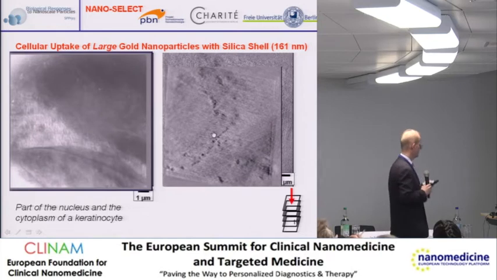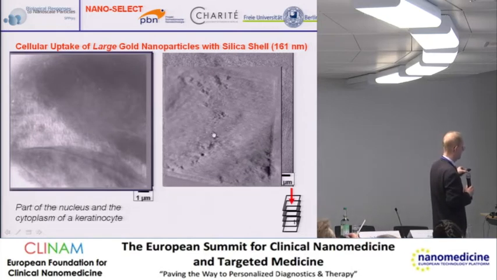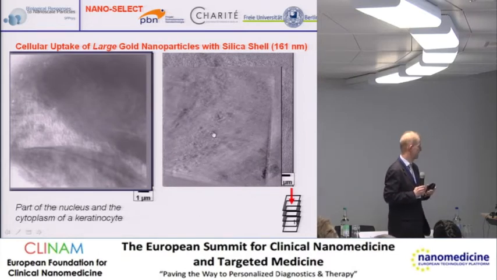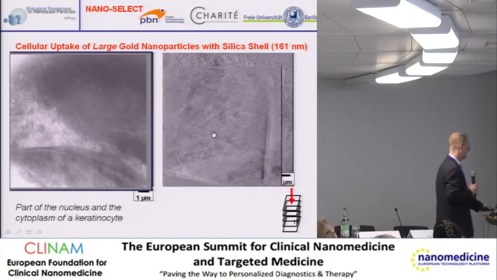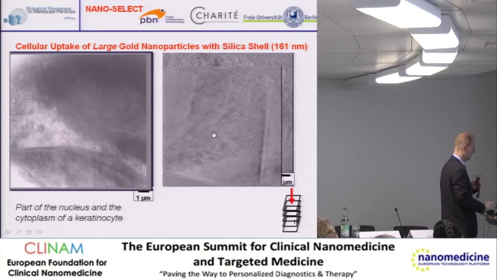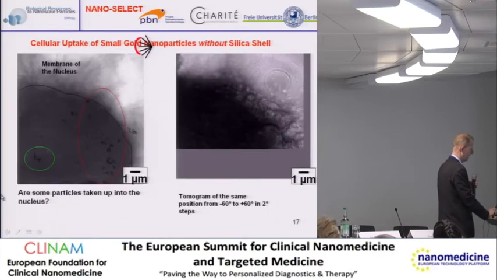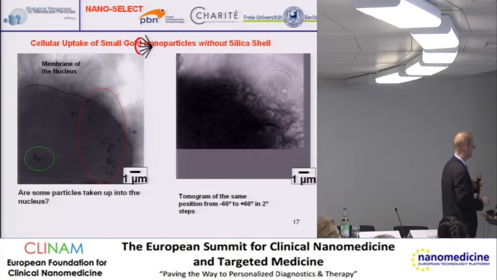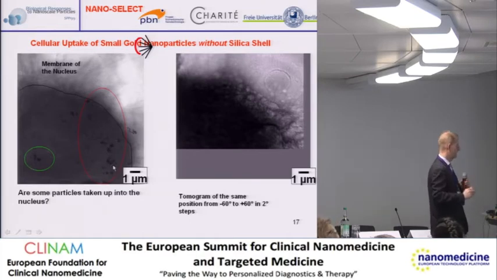And it turns out that for these large particles, there is no evidence for any uptake of the silica particles. The only exception for uptake in the nucleus was found for gold particles of roughly 50 to 60 nanometers. Here you see the projection. These are inside, and these sit on the membrane outside the nucleus.